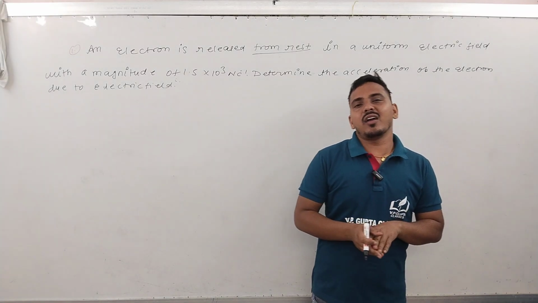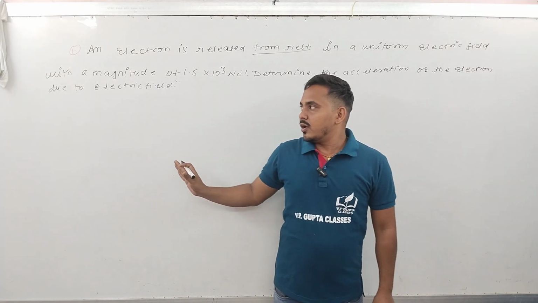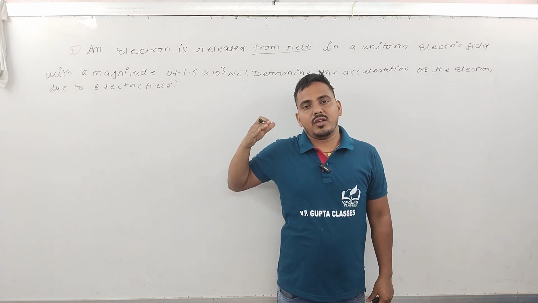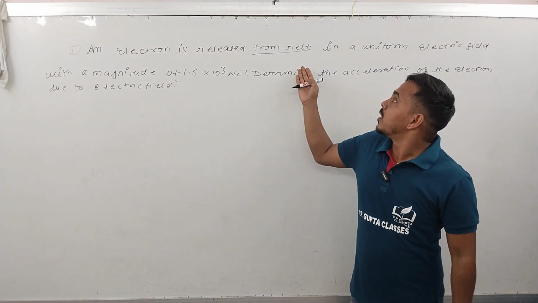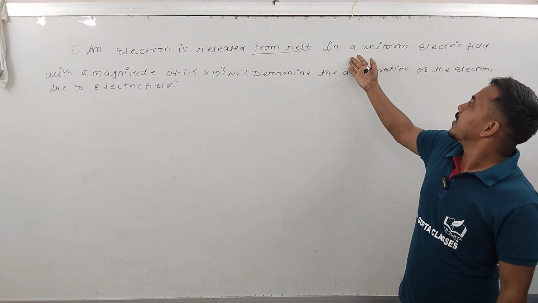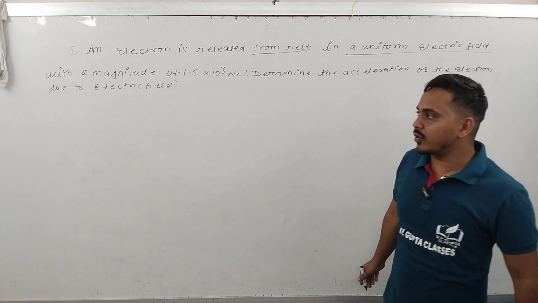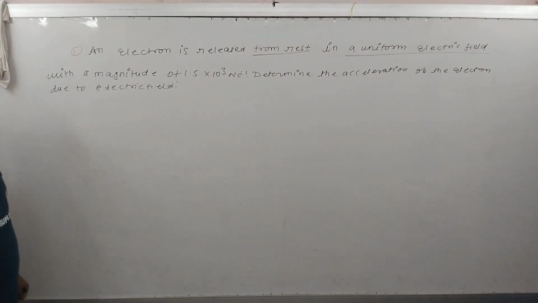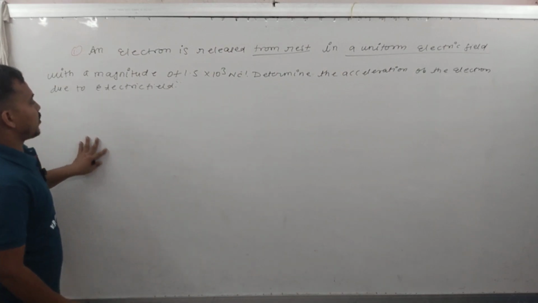Then we apply all the formulas from the motion of a charged particle in a uniform electric field, with a magnitude of 1.5 into 10 to the power 3 Newton per Coulomb.